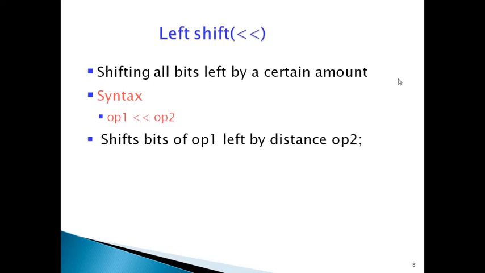Here, if you observe the syntax of the left shift operator, on the left side we write the operand. On the right side, we write the number of bits to shift. The left shift operator will shift the number of bits specified on the right side.